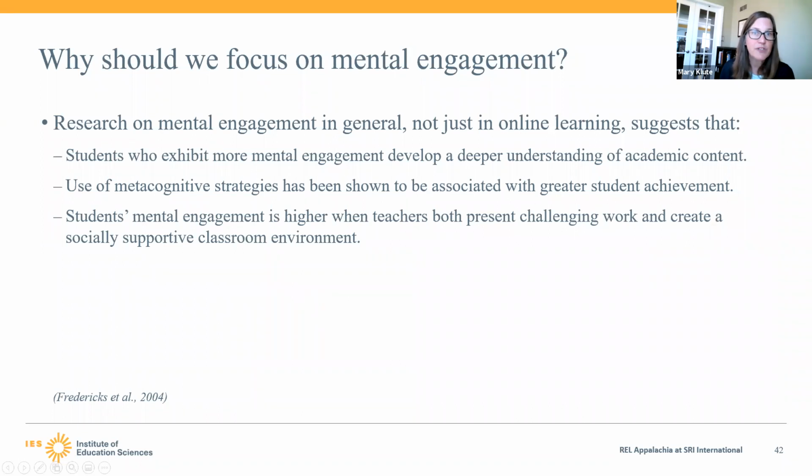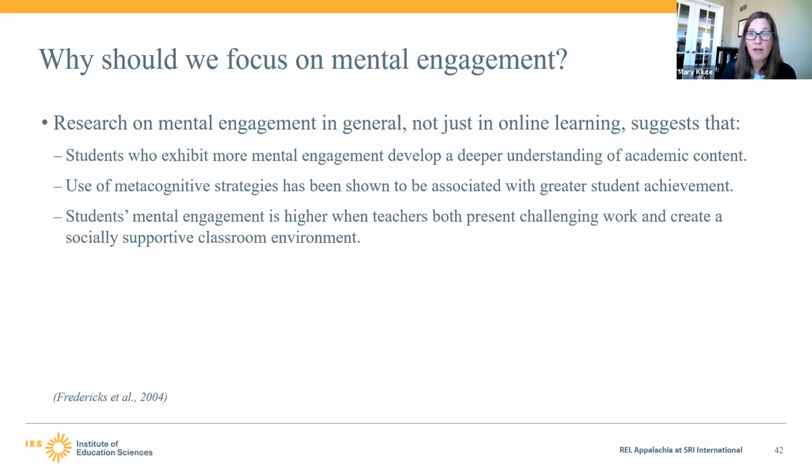Here are a few things that the research tells us about mental engagement. Once again, much of the research on this type of engagement has been conducted in traditional in-person learning environments, but it sheds some light on why it is important to think about. For example, some research has shown that the use of metacognitive strategies, or methods that help students understand how they learn, has been associated with greater student achievement.